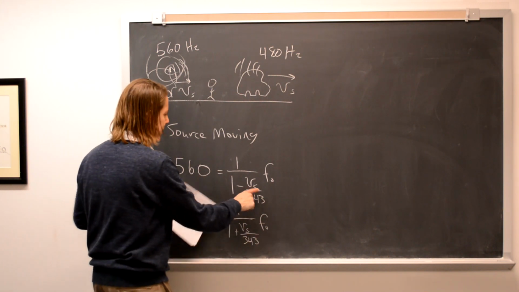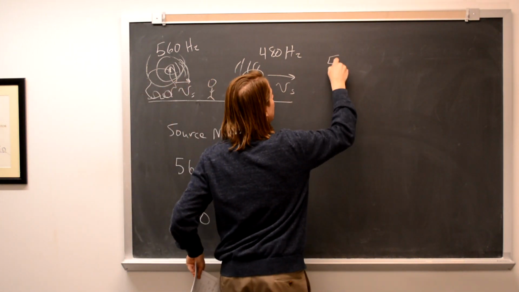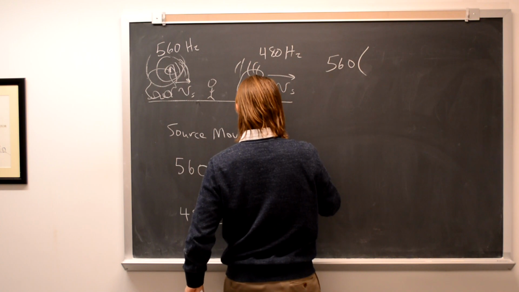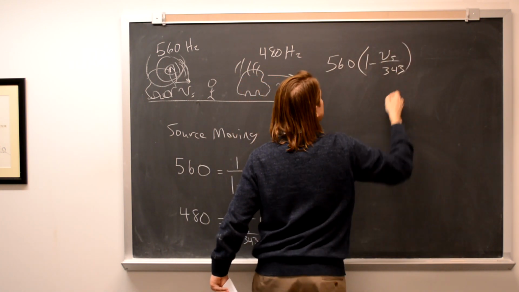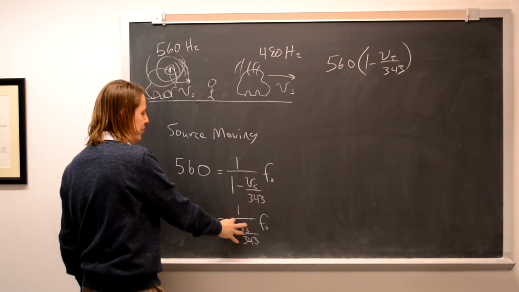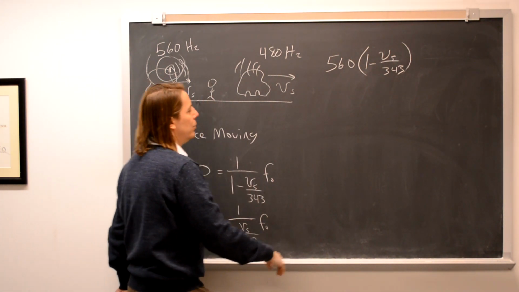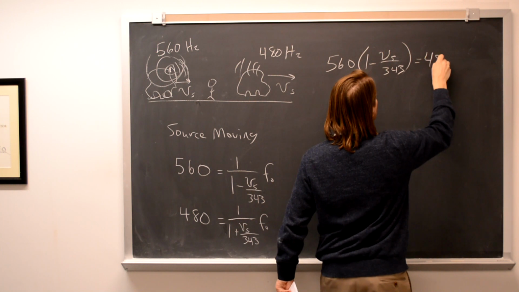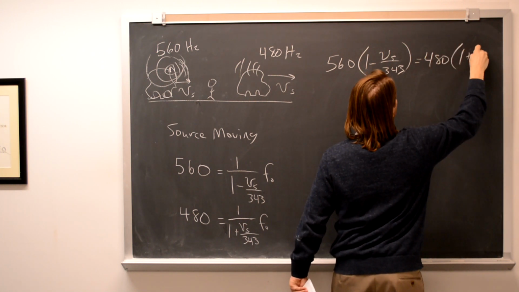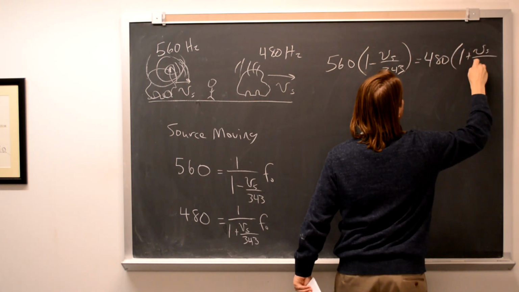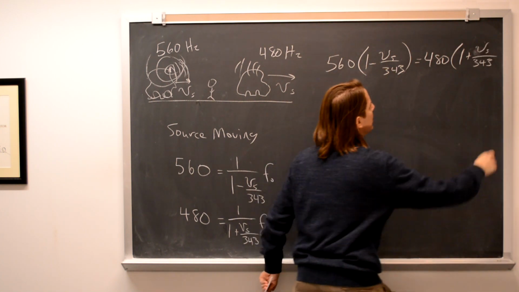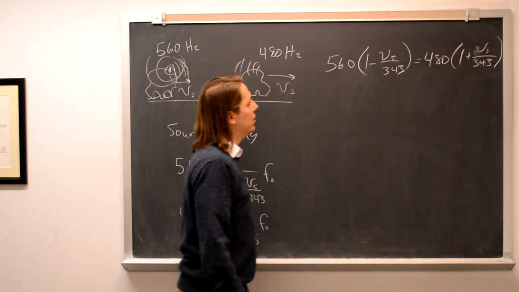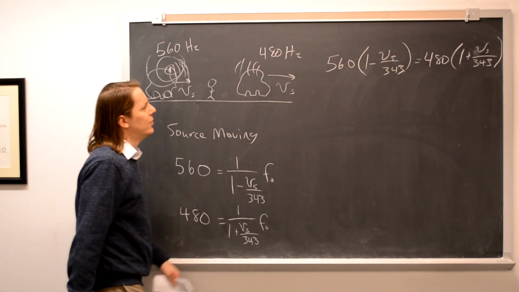So I'm going to say 560 times 1 minus Vs over 343 equals F naught, but I can make this one equal to F naught. So equals 480 times 1 plus Vs over 343. Sorry, my V's are getting over. Avant-garde. There we go.